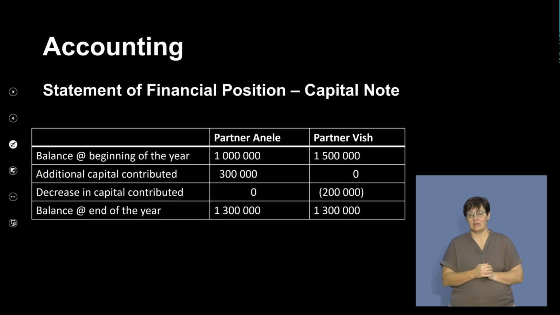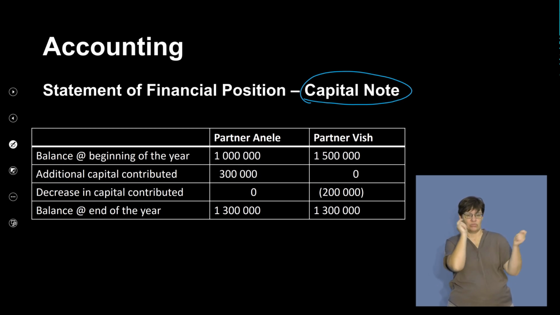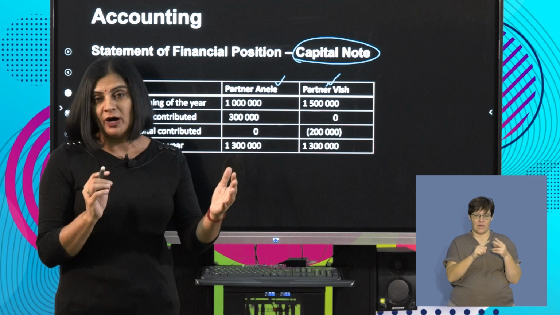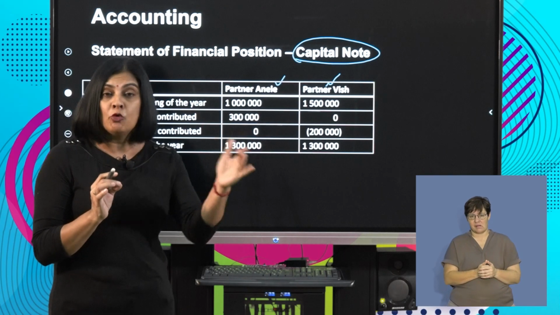So looking at the capital note, I've got a quick example here to show you how the capital note is going to change. We're going to list the names of our two partners. Remember, in your syllabus, you will come across two partners, not necessarily more than two.